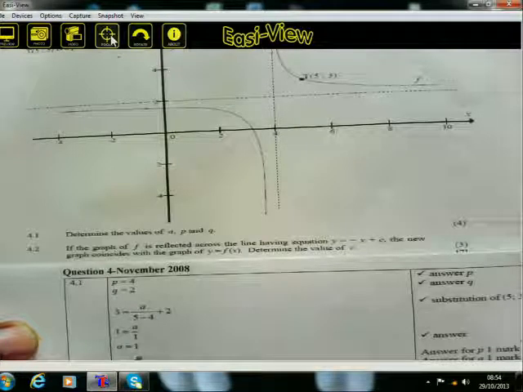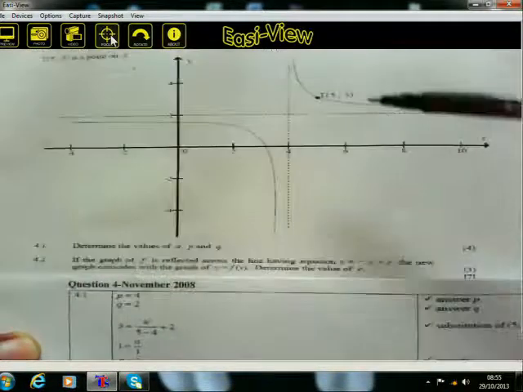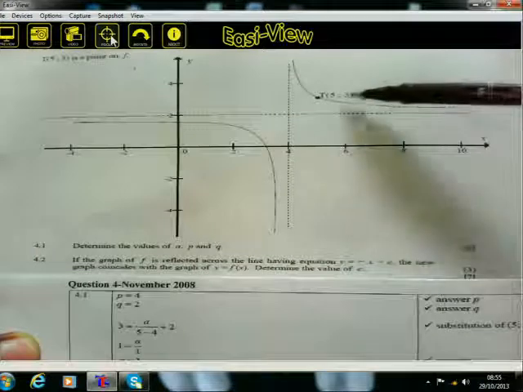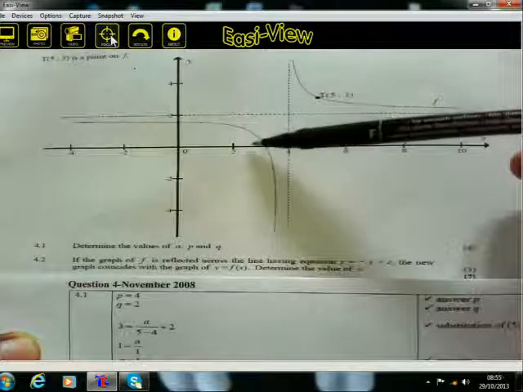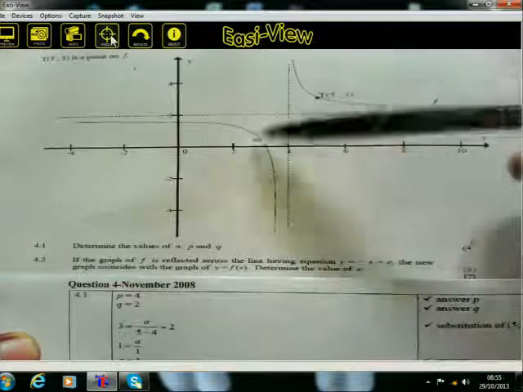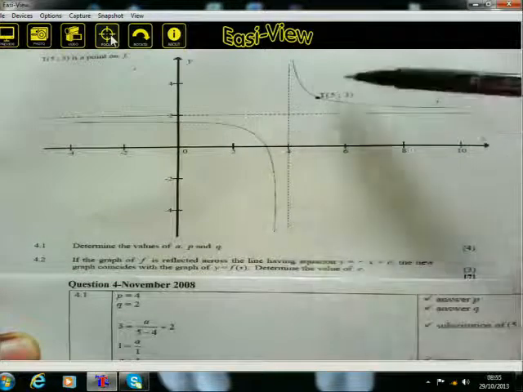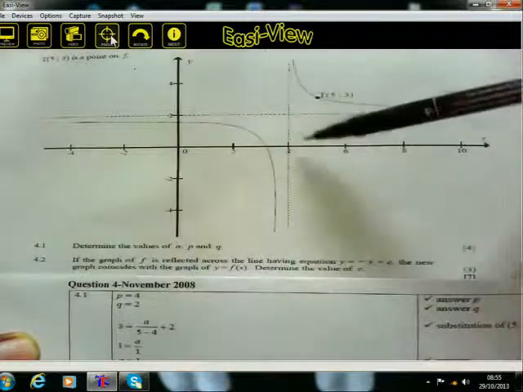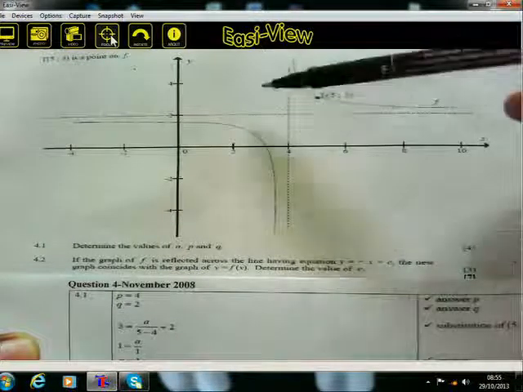Our A is positive. We are happy because our graph is found in the first and third quadrant of the asymptote. We know that in this particular quadrant, our A is positive. In this particular quadrant, our A is negative.